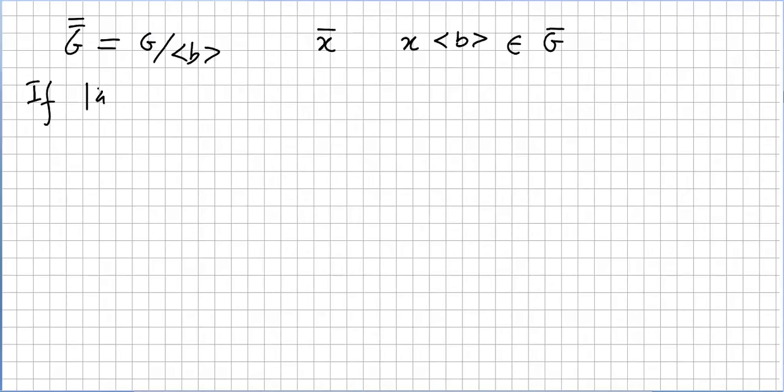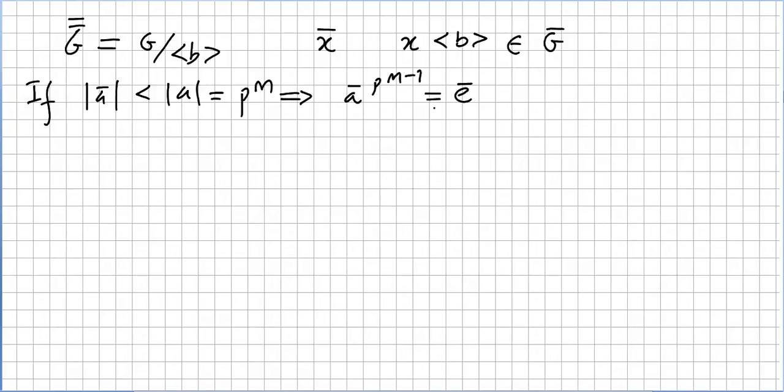If the order of A bar is smaller than the order of A, well, the order of A is P to the power of M. Please check it before. Then A bar to the power of P to the power of M minus 1 is going to be the identity bar.